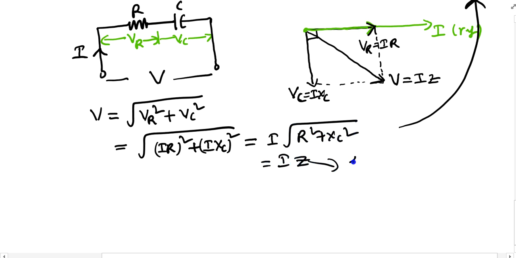Z is again the impedance, the square root of R square plus Xc square.